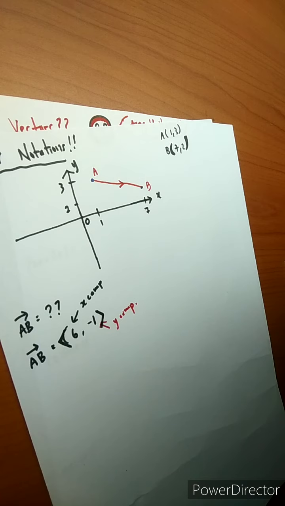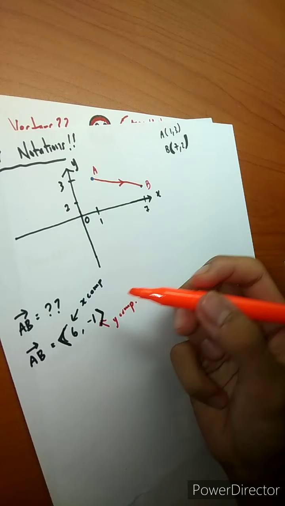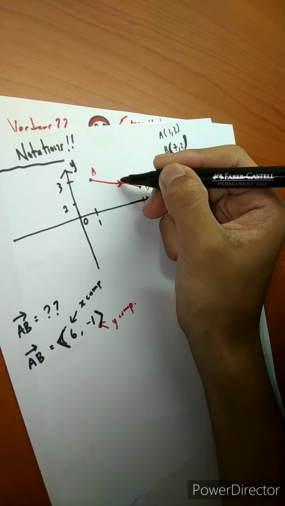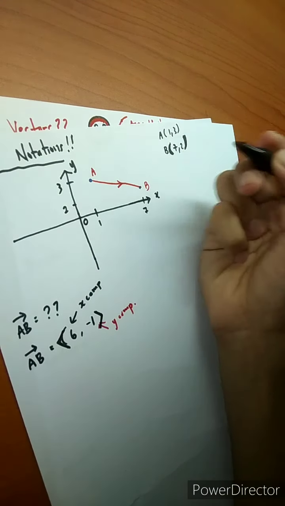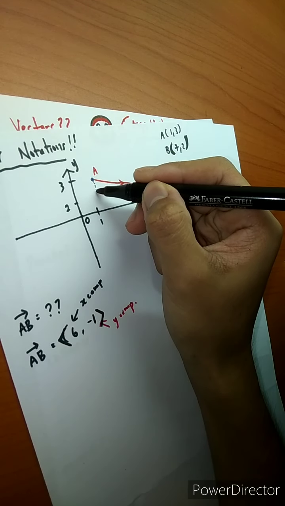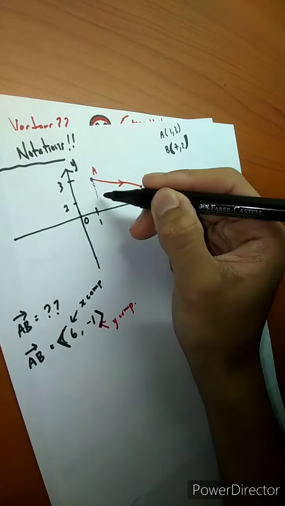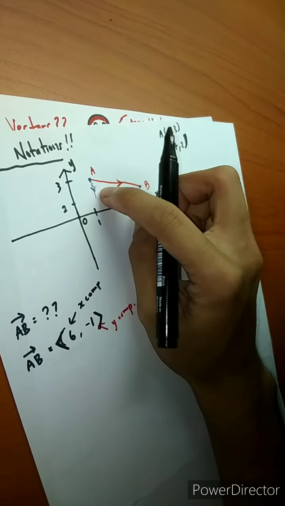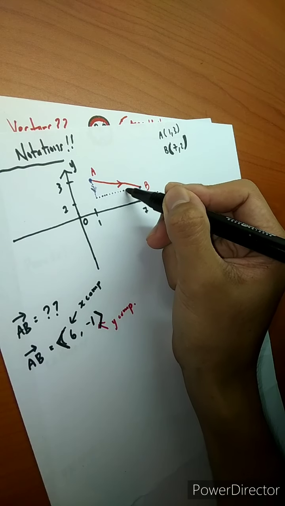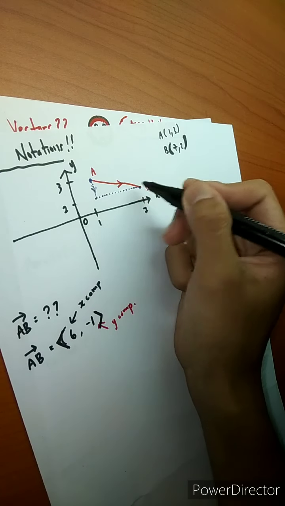Okay, so let's prove how we can get this shortcut method. Suppose you want to travel from A to B. You can use the alternative: travel from here over here, then to the bottom, or to the south, you can say, and from here to here.